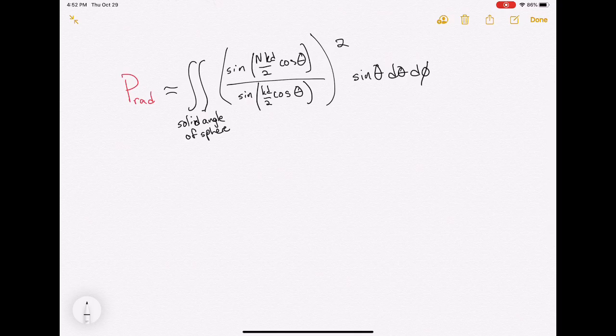So at broadside, which remember, if this is my array, broadside would mean that the main beam is pointing this way, so zero phase shift.